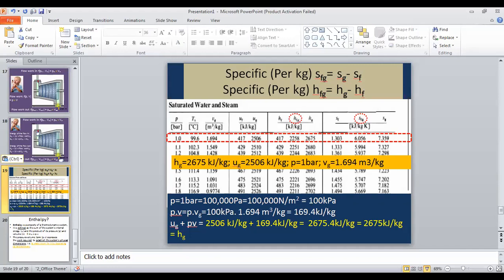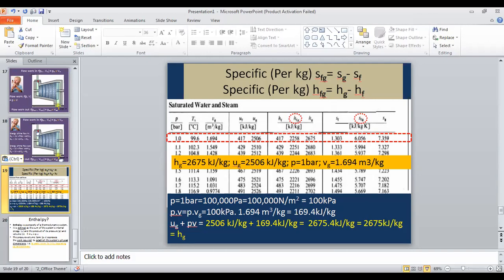See, H denotes enthalpy. F means enthalpy of this water. Of course, saturated water and steam. The water enthalpy and the steam enthalpy, both at 99.6 degrees Celsius.